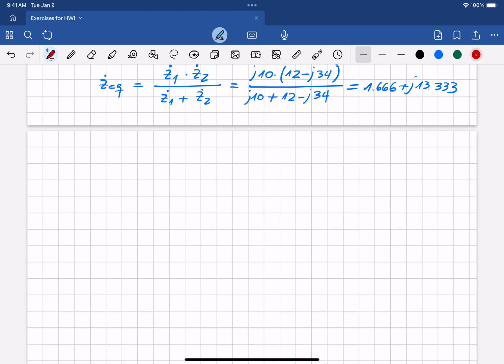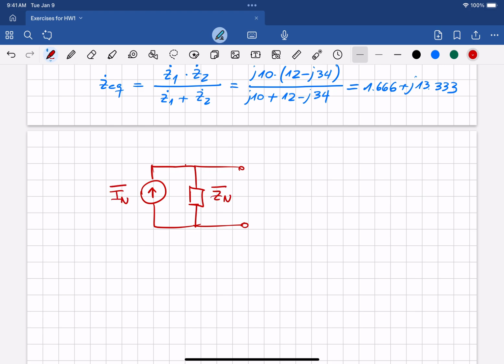Now the question is, let's go back to the Thevenin equivalent. We have the Norton equivalent. Let's put it out here. We have the Norton, sorry, this is in parallel. Norton equivalent, In, Zn. Let's use the same notation. I think Professor Pulgar uses a dot on top instead of a bar. It depends on the book, actually.